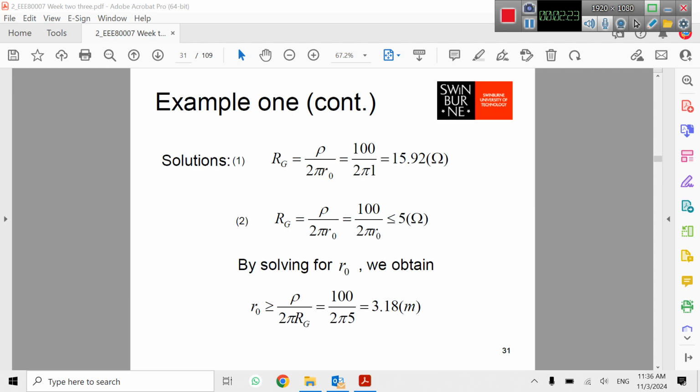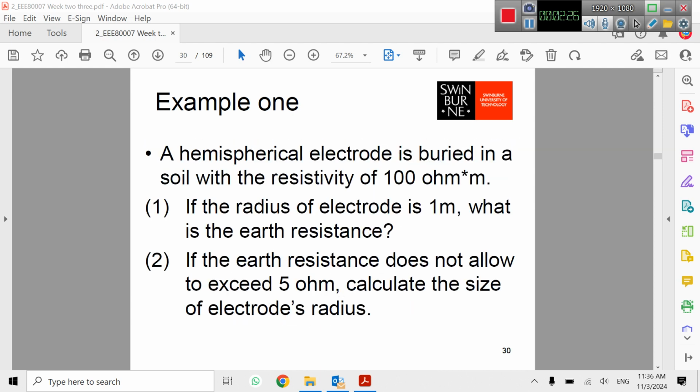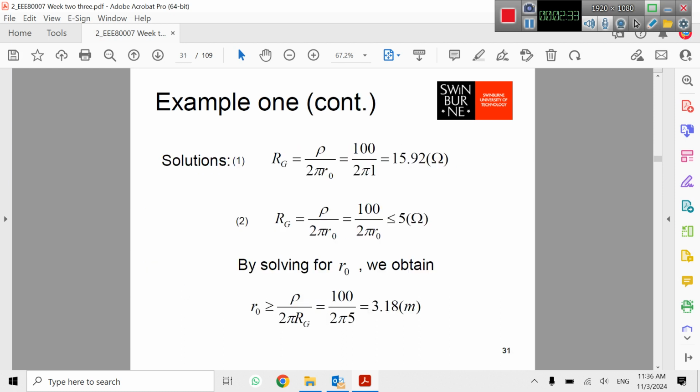In the second part of the question, Rg should be limited to 5. So we know Rg, and rho is also given. Now we have to calculate R0. Rearranging this equation, R0 should be more than 3.18 meter, which is not physically acceptable, but for the example we can consider it.